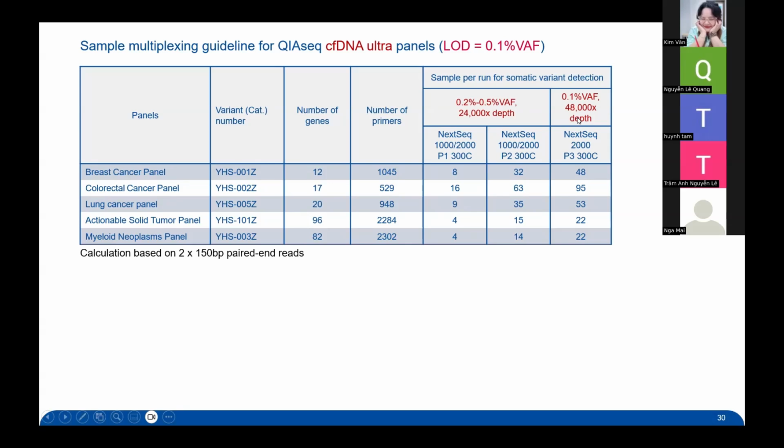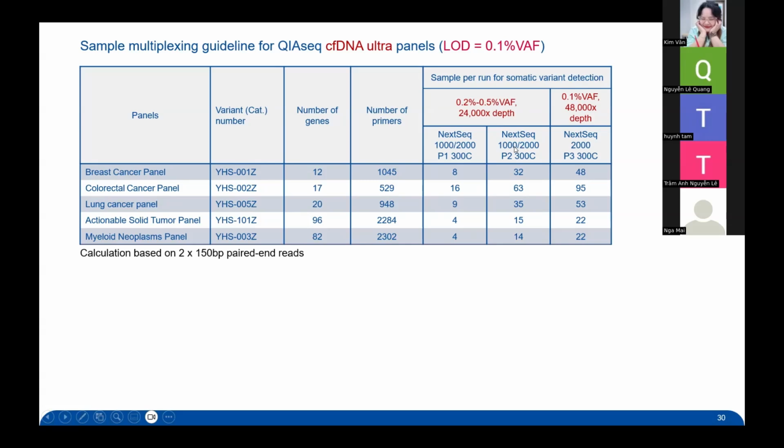It is especially useful in scenarios where biopsy is very difficult and you really want to detect in the early stage. But this ultra depth also needs a very high-throughput sequencer. For Illumina, you have to use the NextSeq.